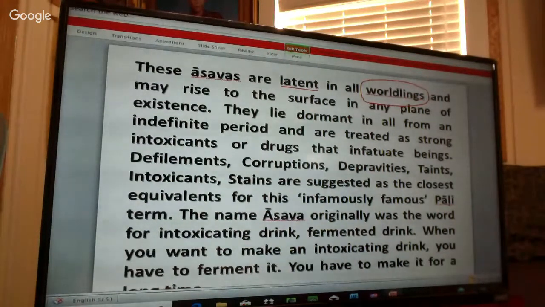If you translate asava into other languages, you get many different names: in English, defilement, corruption, taint, intoxicant, stain.